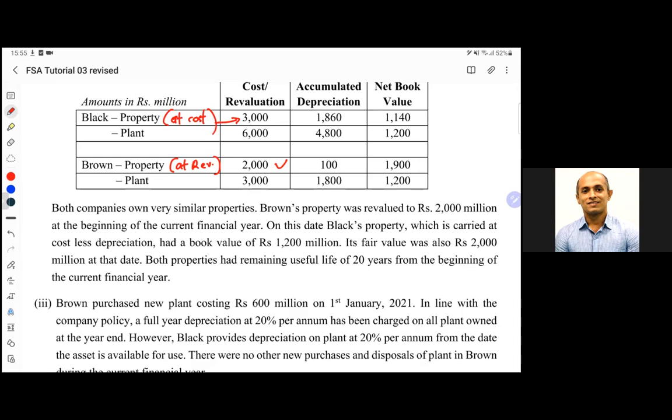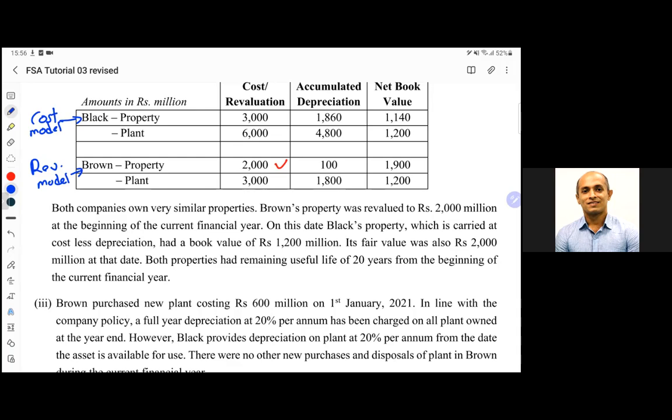So Black follows the cost model. Brown follows the revaluation model. You see the two companies are following two different models for property, plant and equipment accounting.